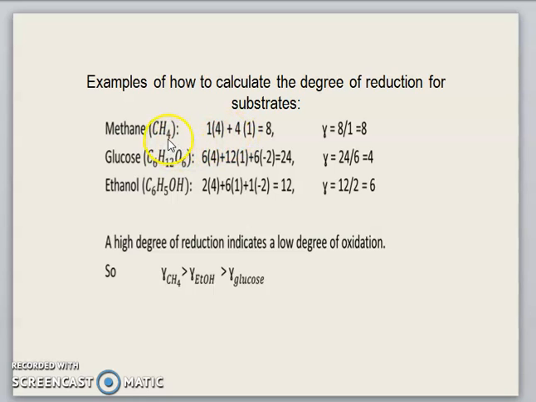We have 4 hydrogen atoms here, times the degree of reduction of hydrogen, which is 1. Then you add up these degrees of reduction and you will have the total degree of reduction for the whole compound, the substrate. So, a high degree of reduction indicates a low degree of oxidation.